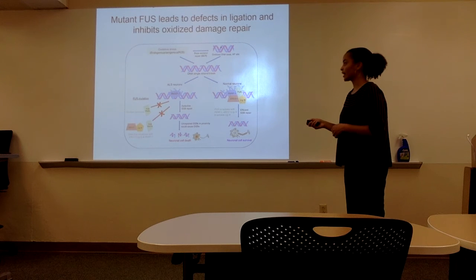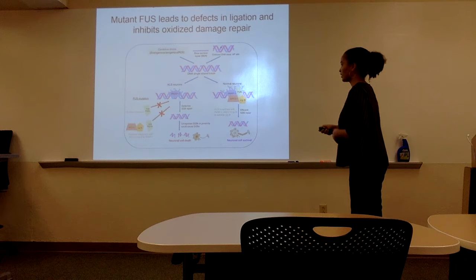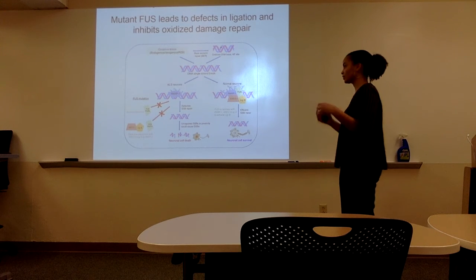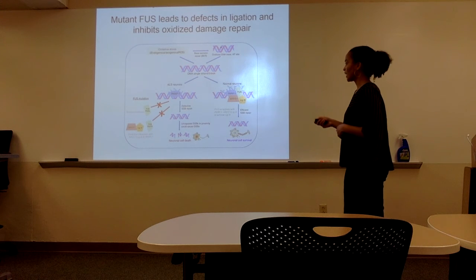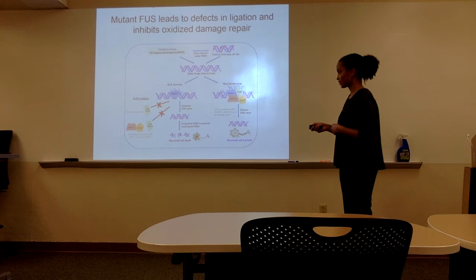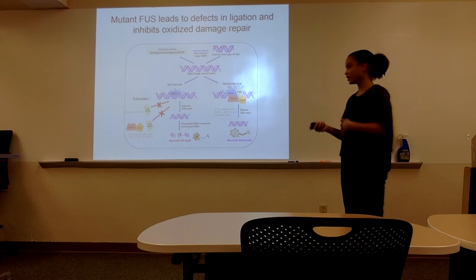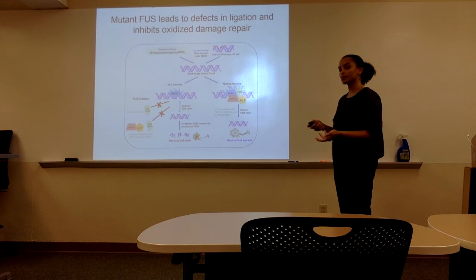Whereas here in ALS neurons, if the FUS is mutated, PARP1 is not going to be able to efficiently recruit XRCC1 and LIG3. That would lead to defective single-strand break repair, which could then lead to double-strand breaks, which could then also lead to neuronal cell death.